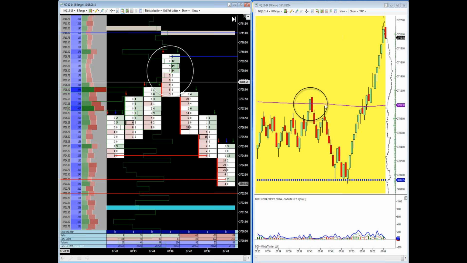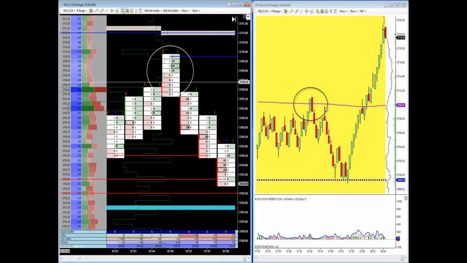Right here where it comes back up and tries to retest that point of control, that's this bar right here. So you could go ahead and try to reshort it off of that area once you see that it turns to negative delta again, after you have very few buyers here in the way of the positive delta, and then you see this big number here, minus 62, compared to plus 8, plus 9, plus 10, plus 9.